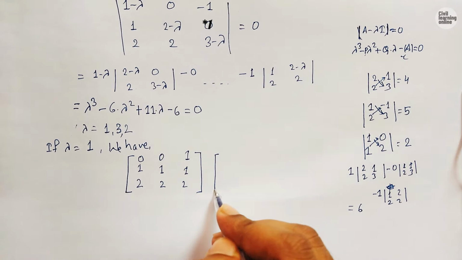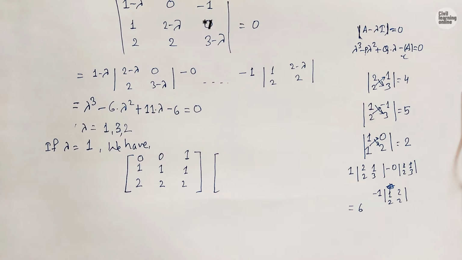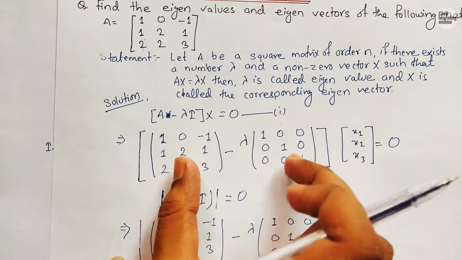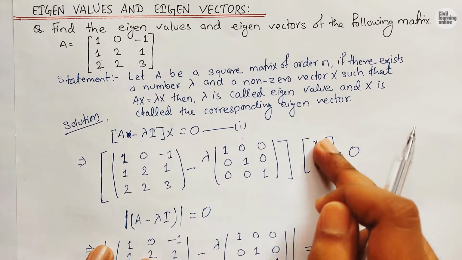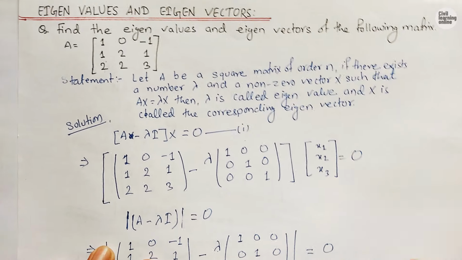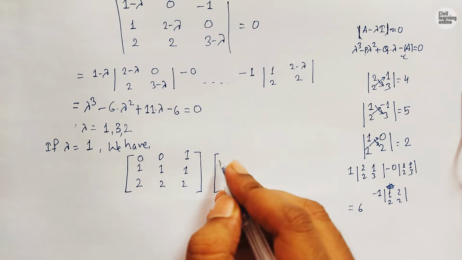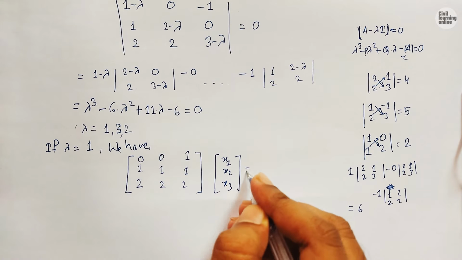And at the beginning, see here, this much portion is this, and we have x1, x2, x3, because finally x1, x2, x3 are our eigenvectors which we are calculating. So we write x1, x2, x3 equals 0.